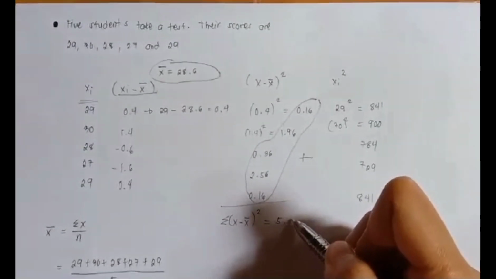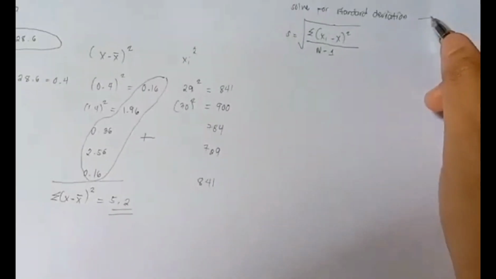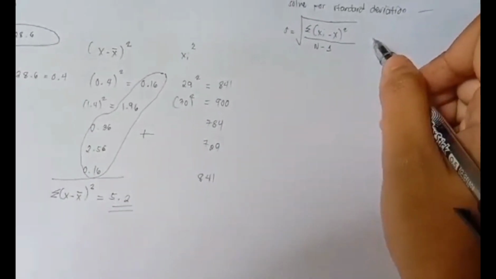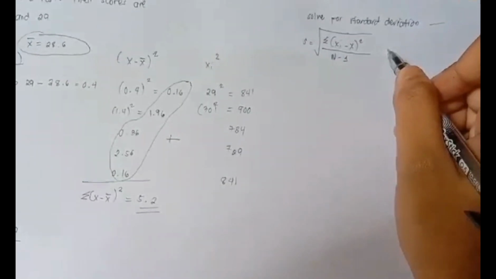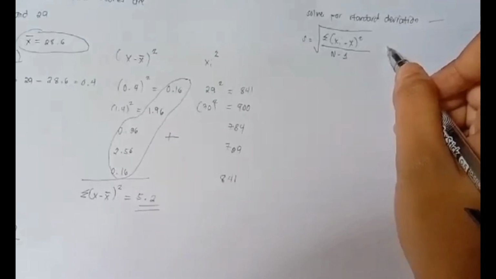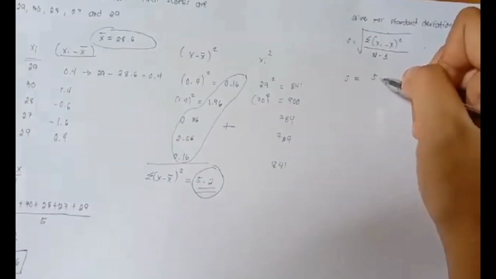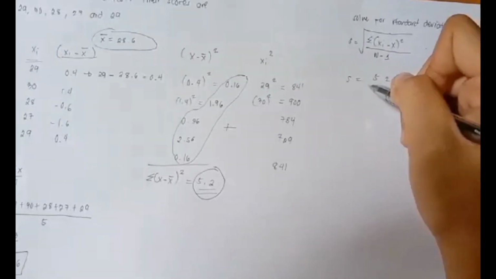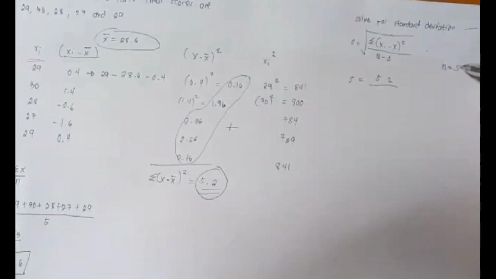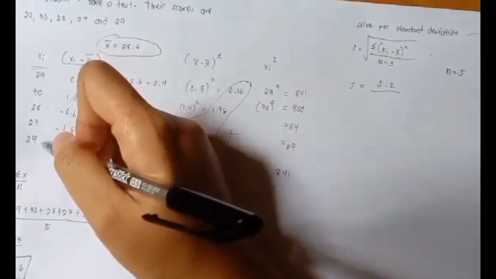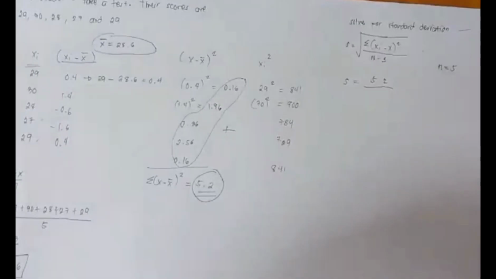All in all, 5.2. Lastly, solve for standard deviation using the formula S equals the square root of the summation of x minus the mean squared over n minus 1. So 5.2 over n, where n equals 5, since we have 5 scores: 29, 27, 28, 30, and 29.